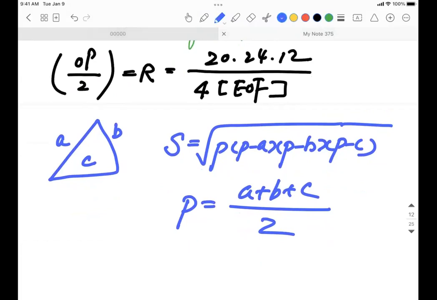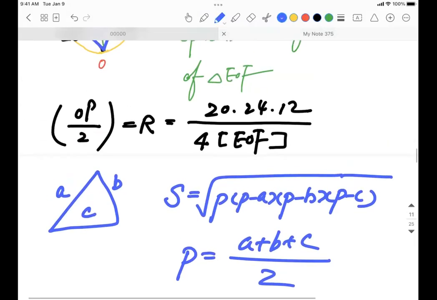Yes or no? This is Heron's formula. You would be able to determine the area of a triangle using three sides. You guys follow me? Yeah. This is understandable, right?